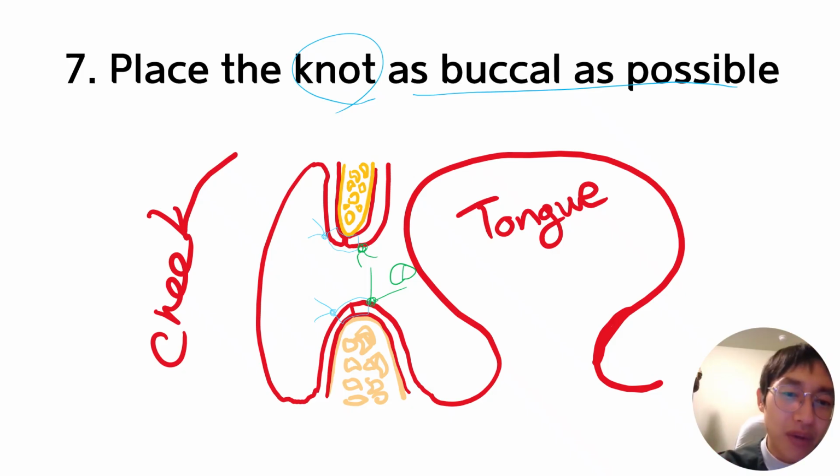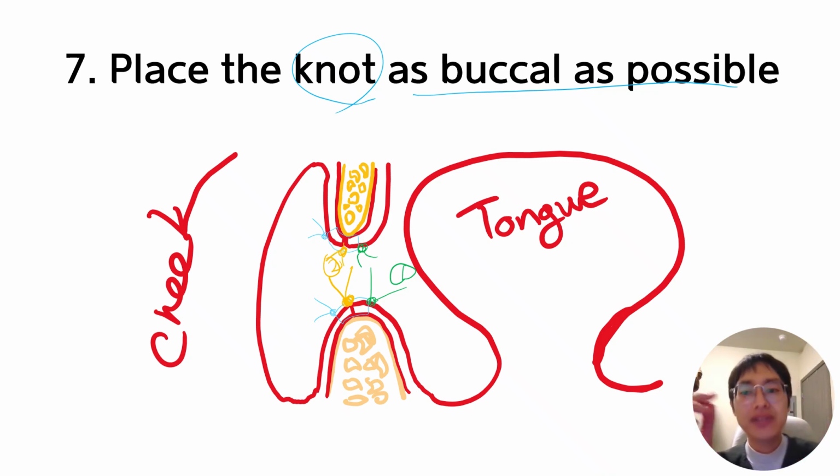How about on top of the incision line? Let's say you place the knot on top of the incision line. That is the number 2. Then, have you seen a silk knot or any knot that has stayed in a patient's mouth for 1 or 2 weeks?